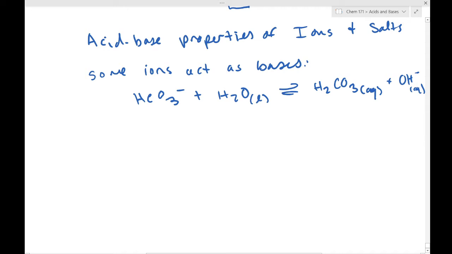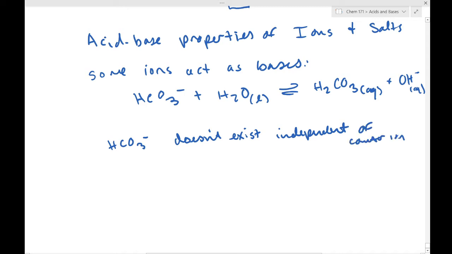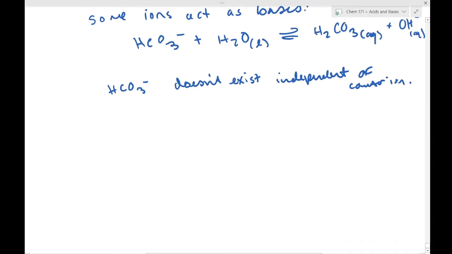But it turns out that bicarbonate doesn't exist independently of a counter ion. For example, sodium bicarbonate.